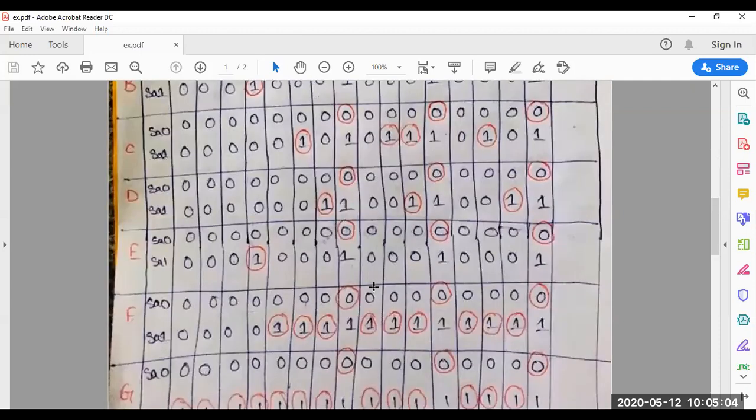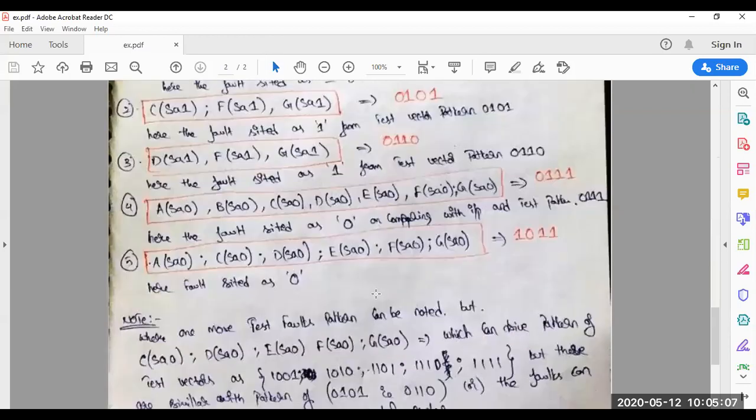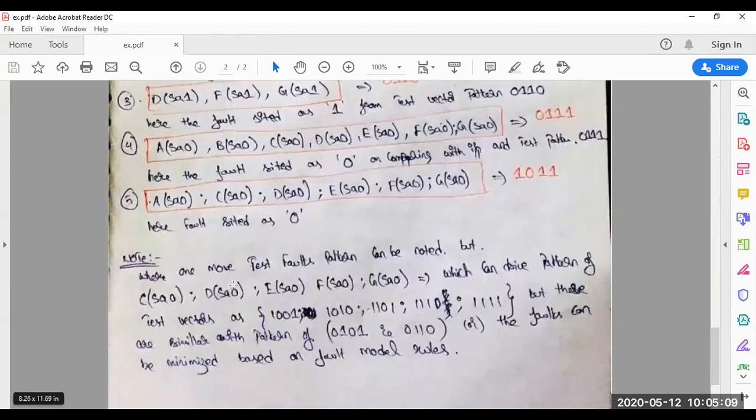Here C, D, E, F, G stuck at 0 is one more pattern, which can be driven with the test vectors 1001, 1010, 1101, 1110, and 1111. But all these are similar to the test patterns 0101 and 0110.